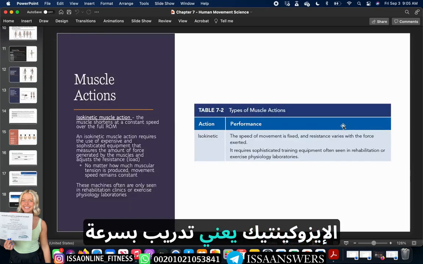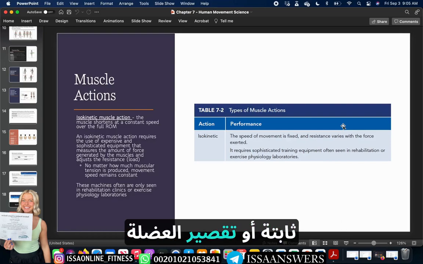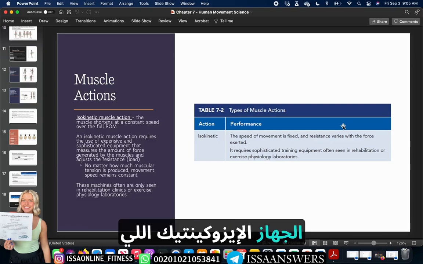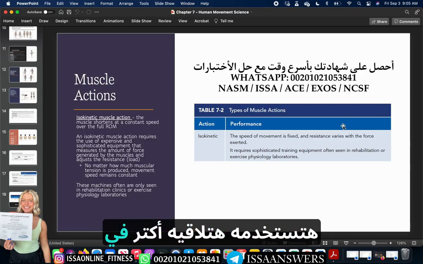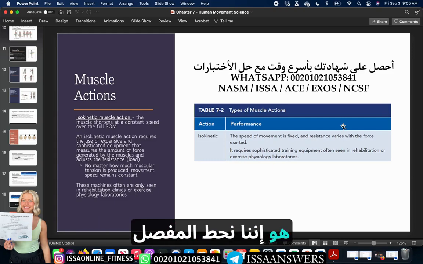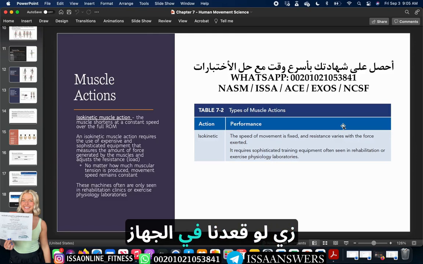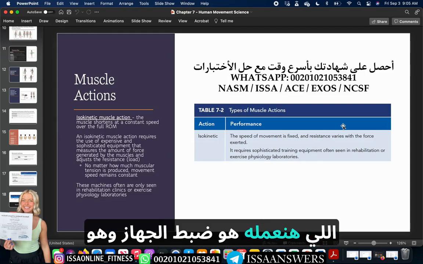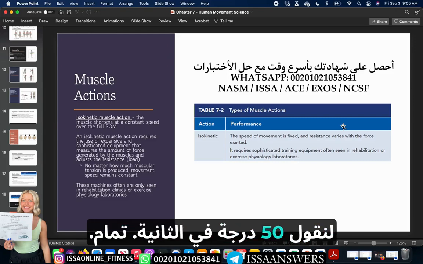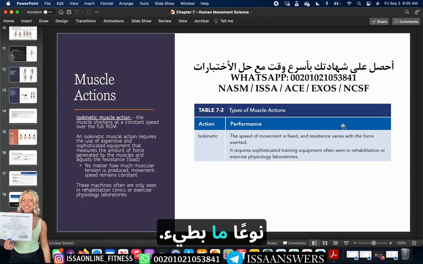And then lastly, isokinetic means same speed training or muscle shortening at a constant speed, going through full range of motion. Typically an isokinetic machine is going to be found more in a rehab setting. Whatever joint we're working with, like if we sat down in the machine and strapped our legs in, we would set the machine, and it's calibrated to move the joint at, let's say, 50 degrees per second, kind of slow.